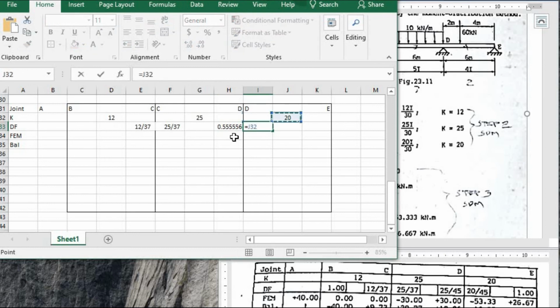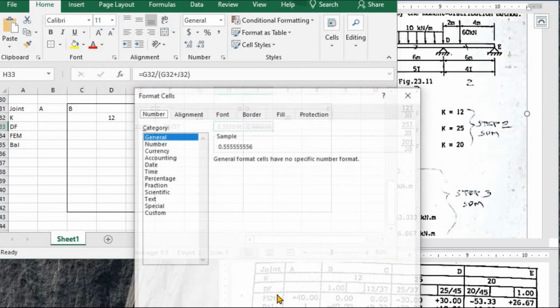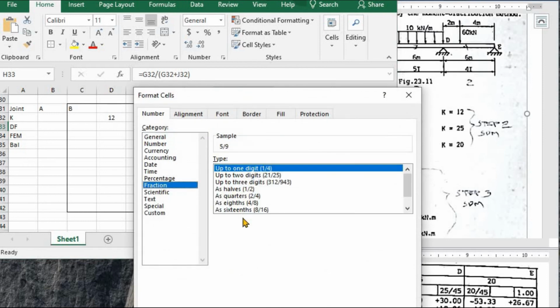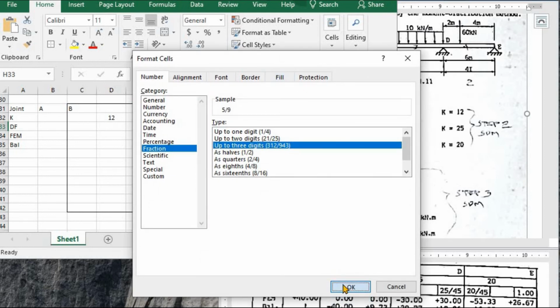Likewise, equal sign 20 divided by summation k, then close. Let's check. So you highlight this, right click, format cells, and then fraction, pwedeng 3 digits, then you press OK.